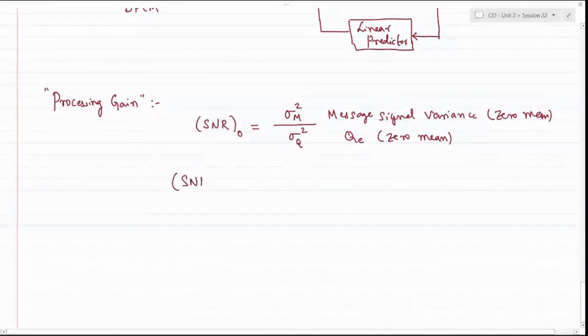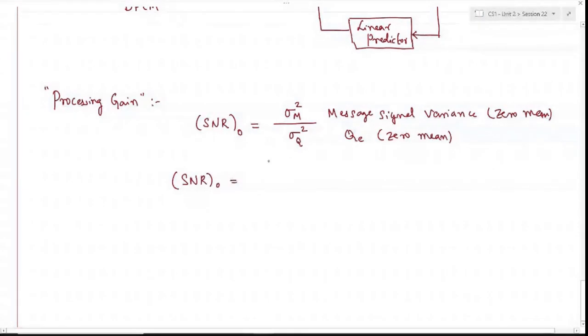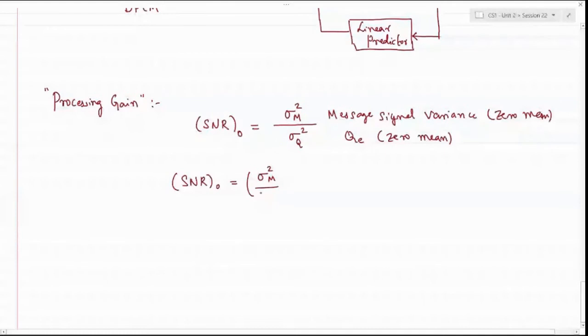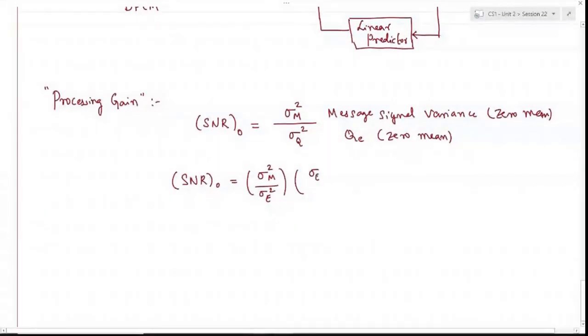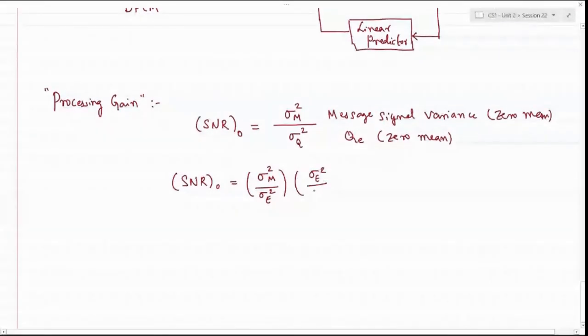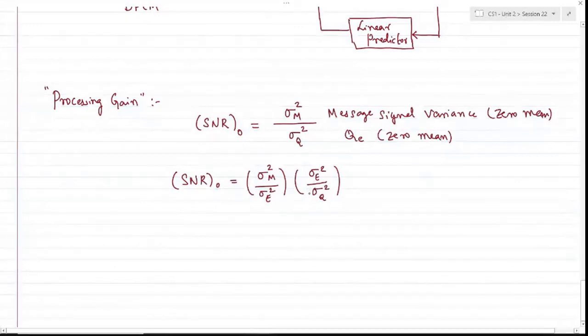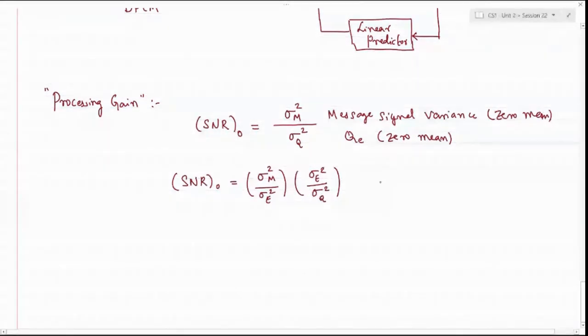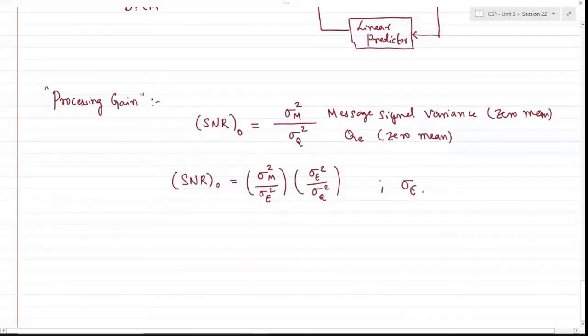We can rearrange this ratio as sigma square m over sigma e square, multiplying and dividing by a quantity sigma e square, where sigma e square is the variance of the prediction error. Now, because the process doesn't involve just transmission of sampling to quantized output, it involves an intermediate step of prediction.